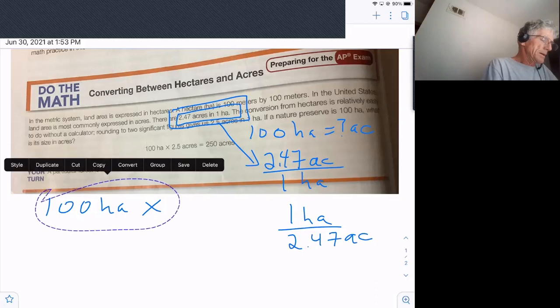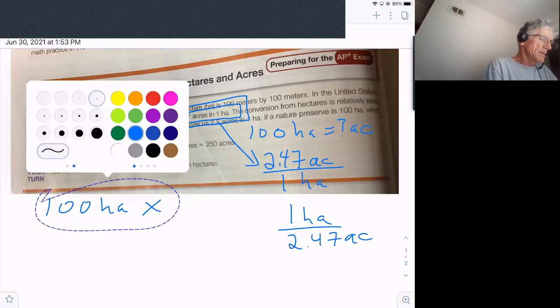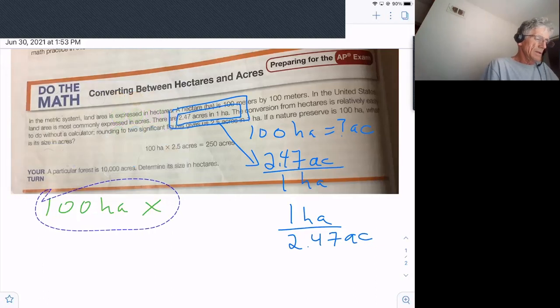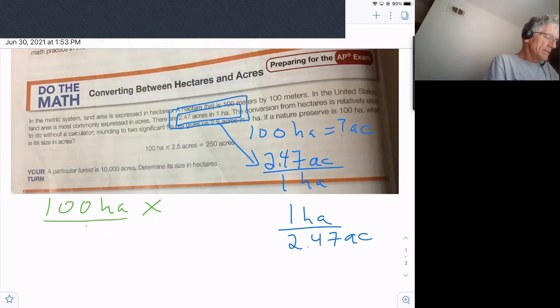Okay, let's go back to our problem here. First write down your known term. A lot of people like to make it a fraction, so it's more obvious what you're doing. If it's not a fraction already, you can put it over 1. That's assumed.